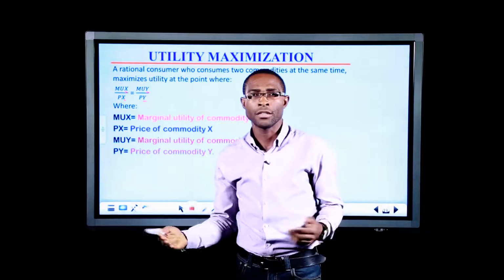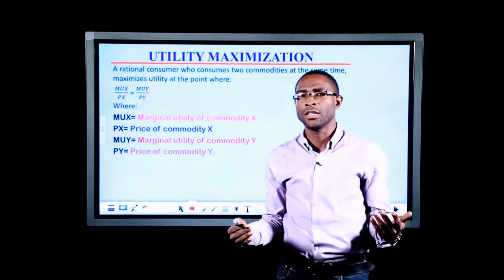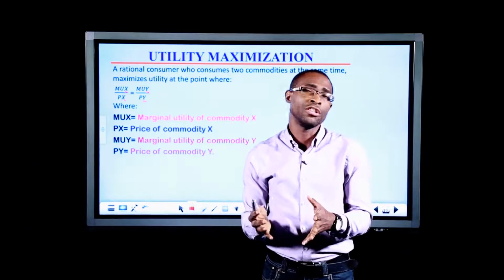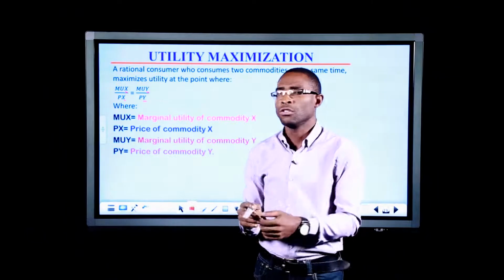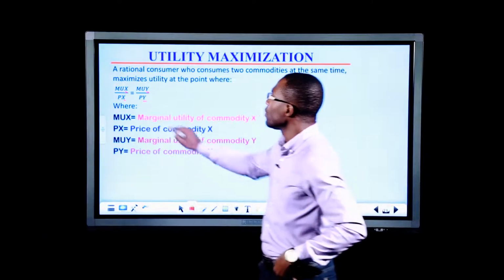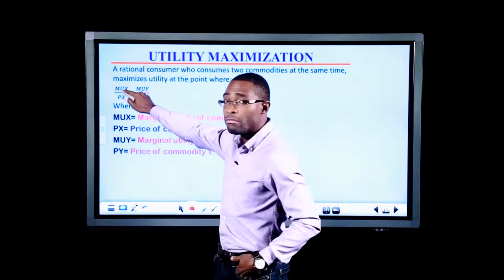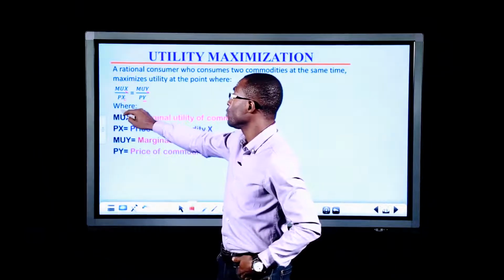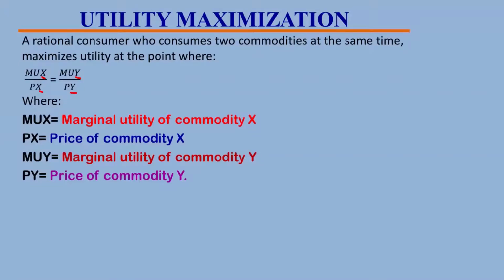You're taking bread and you're taking butter. So we are looking at the satisfaction derived from bread and butter. So in this case, we'll be looking at the marginal utility derived from bread over the price of bread being equal to the marginal utility of butter over the price of butter.